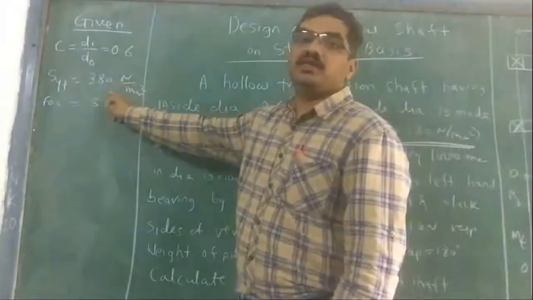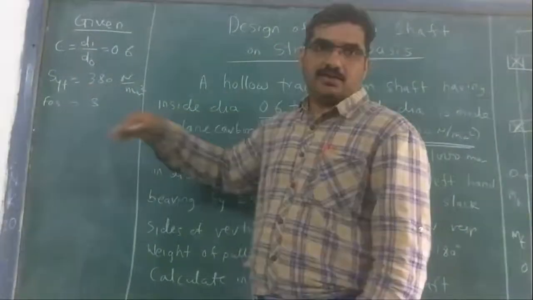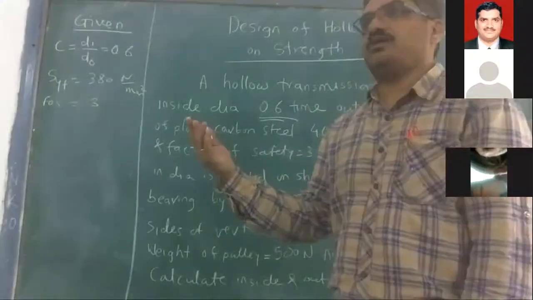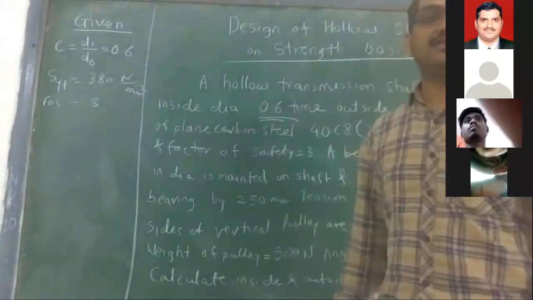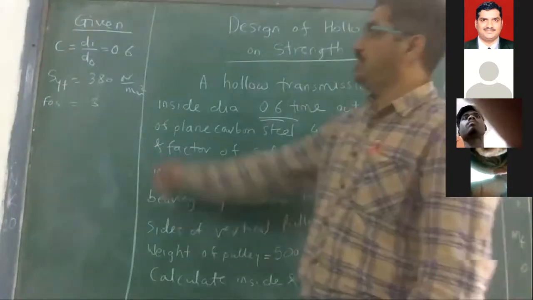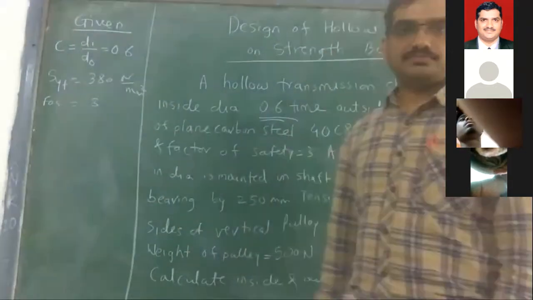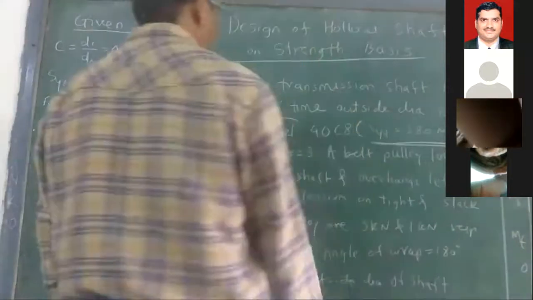So 380 into 0.5 is 190, upon 3, which is 63.33. So immediately we know the allowable shear stress is 63.33 Newton per mm square. So we know two things from the first statement: the ratio and the allowable shear stress.